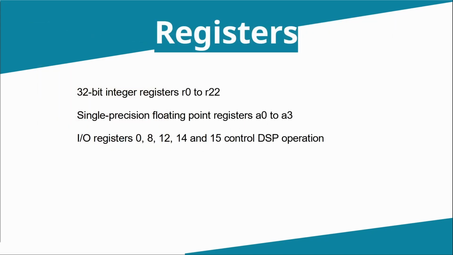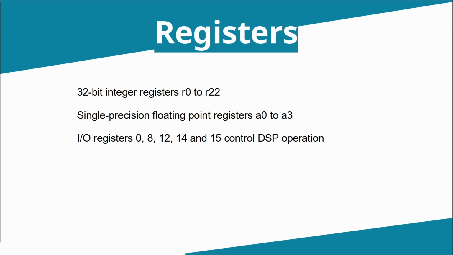But at an overview level, let's walk through what registers we've got available to us and then the instruction set. So to begin with, we have registers R0 to R22, which are full 32-bit wide integer registers. As we'll see in a moment, they are used for integer arithmetic and also as pointers into memory.